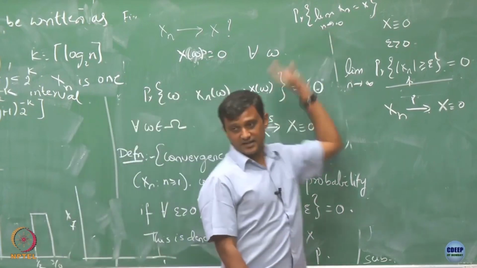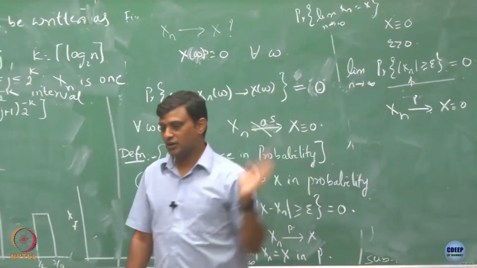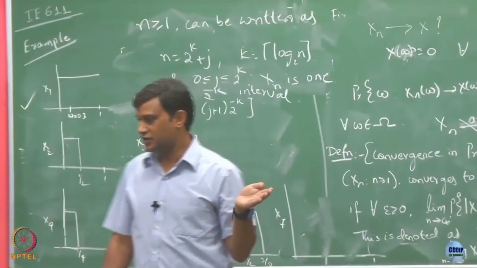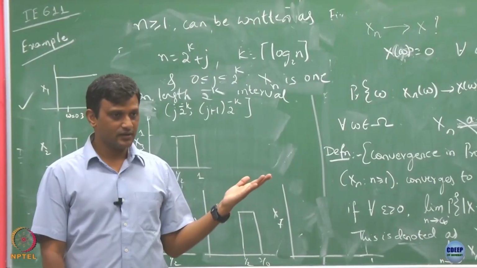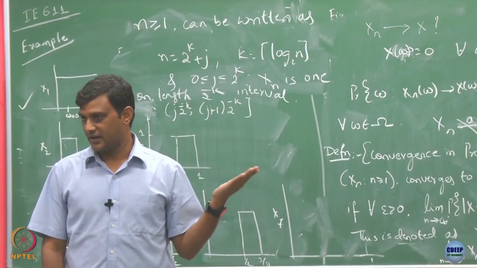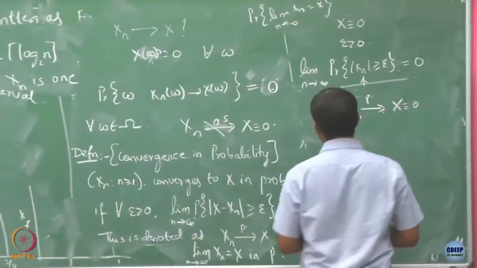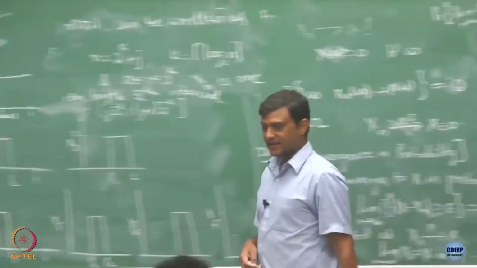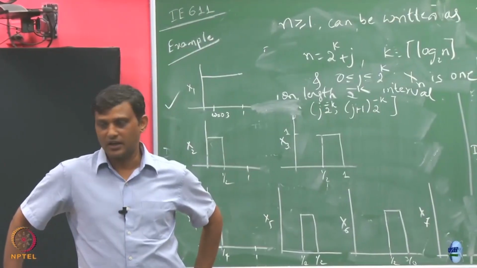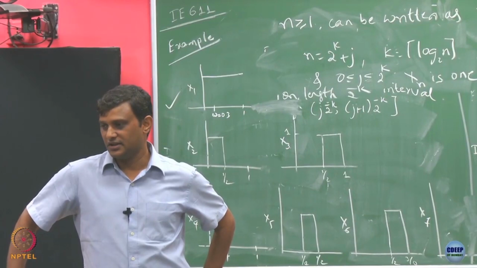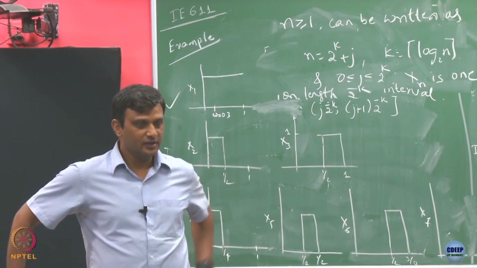That is why almost sure convergence is a much more demanding requirement than convergence in probability. Later we will see that it is indeed the case: almost sure convergence is a much stronger property, because almost sure convergence implies convergence in probability but not the other way around.